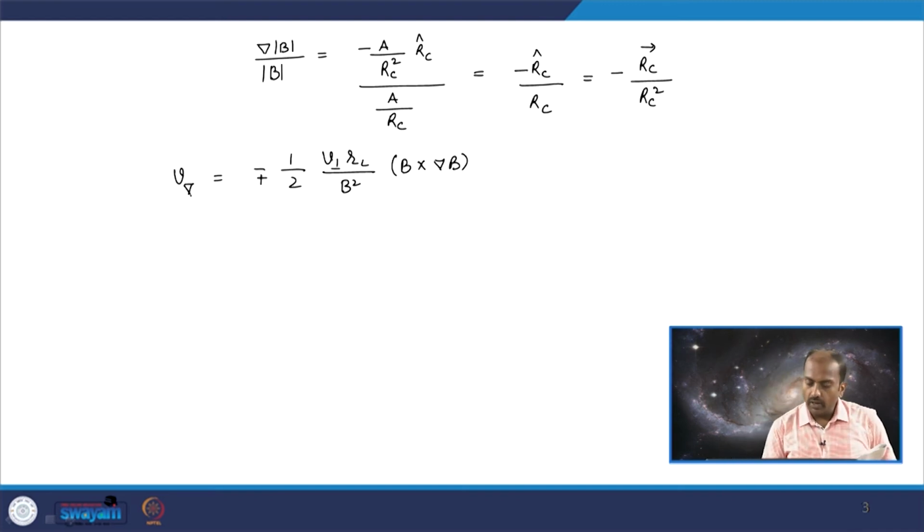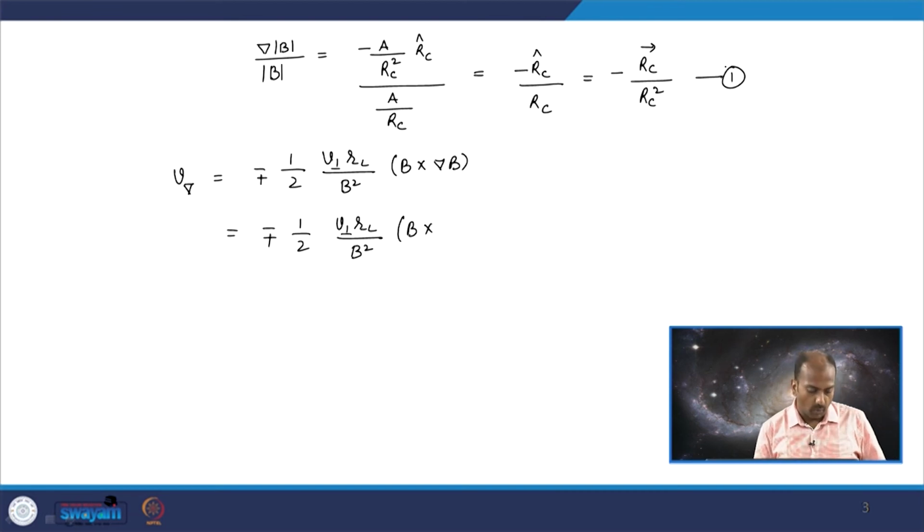Now we are getting back to the gradient drift velocity formula that we earlier had. Let us say this, I will simply rearrange this equation for convenience. V perpendicular RL by B square times B cross, using del B from equation number 1, as B times RC divided by RC square, right.